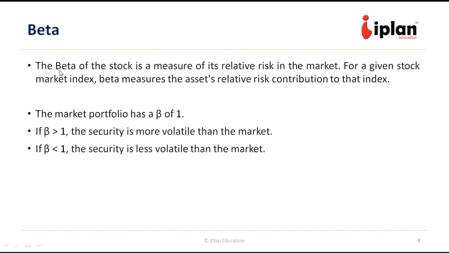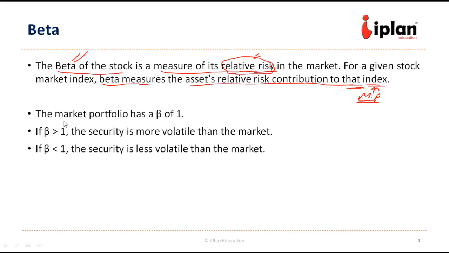So we define the beta of a particular stock as a measure of its relative risk in the market. So if we want to find out relative to the market portfolio how much risk is associated with a particular stock, then we have to use beta. So for a given stock market index, beta measures the asset's relative risk contribution to a particular index. So here index is representing the market portfolio.